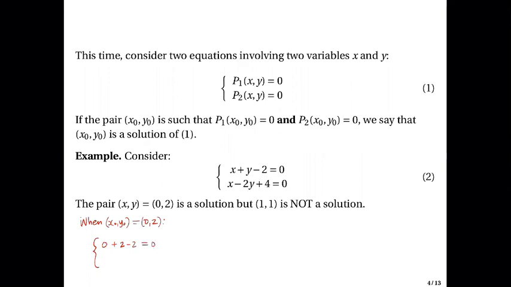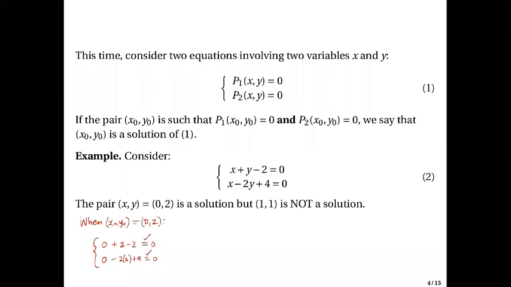Indeed, this is equal to 0. Correct? And for this guy here, we have 0 minus 2 times 2. That's your minus 2y here, plus 4. And try to check that this is also true. 2 times 2, that's 4. So minus 4 plus 4, that will give us 0.